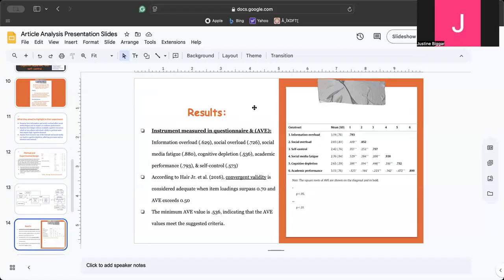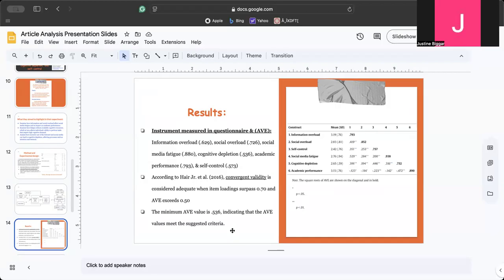And the results posited that information overload, the AVE, was 0.629, social overload 0.726, social media fatigue 0.880, cognitive depletion 0.56, academic performance 0.93 or 0.793, and self-control was 0.573.